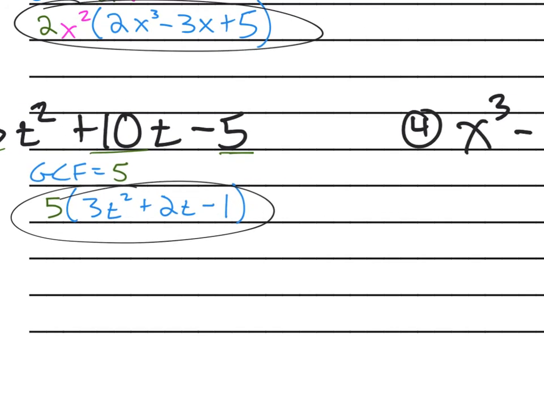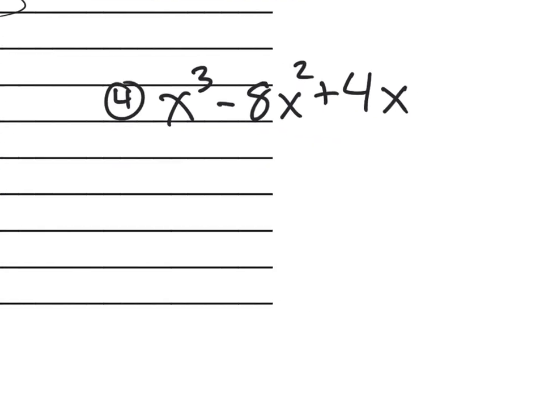Let's go over to our last problem here, number 4. This one's kind of tricky because you might be tempted to take 4 for your GCF. But notice, not all of them have a factor of 4. 4 can go into itself, can go into 8, but this coefficient is 1, so we cannot take a number out, a common factor. All 3 have to have a common factor.